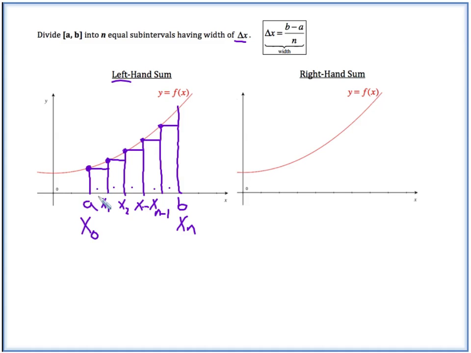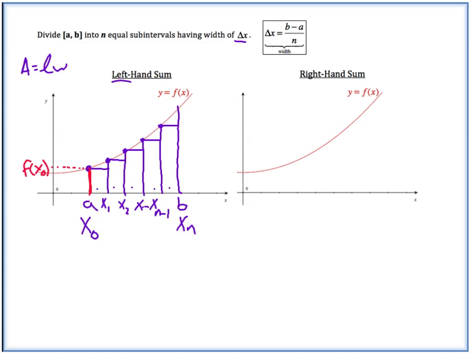And we know the area of a rectangle is going to be length times width, right? So the length in our case is actually going to be the height of the rectangle. Okay, and we know that this height is going to correspond to the y value right here, which is going to be f of x sub 0. Okay, and that's going to be the height of this first rectangle.